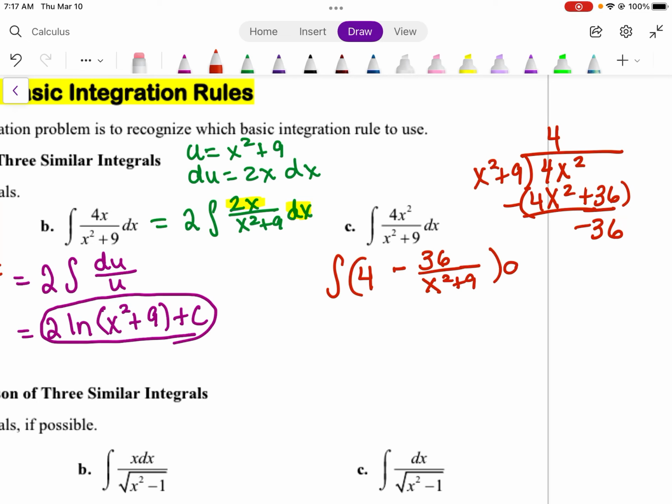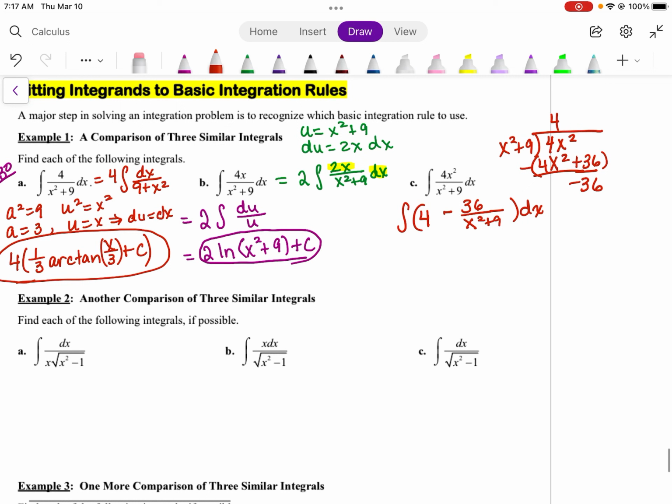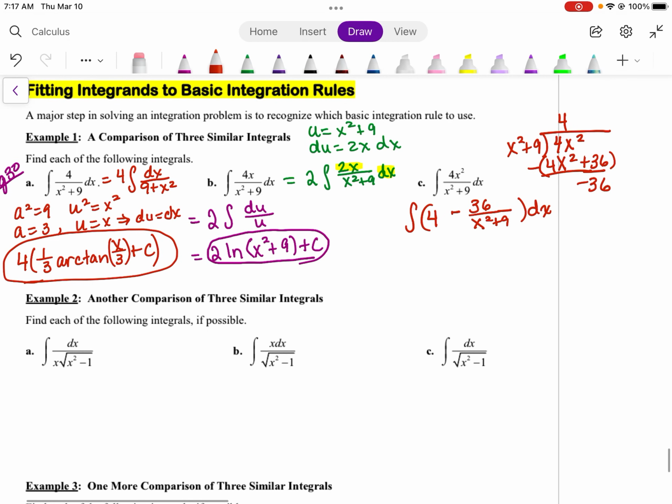All right. Well, we just integrated with a denominator of x squared plus 9 over here with part A. So it's going to be the same arctangent piece going in, except I'll be multiplying it this time by 36. So here we go.